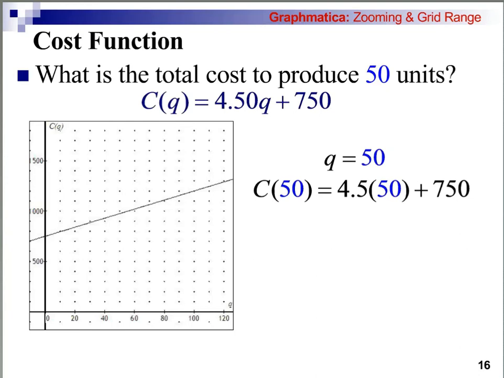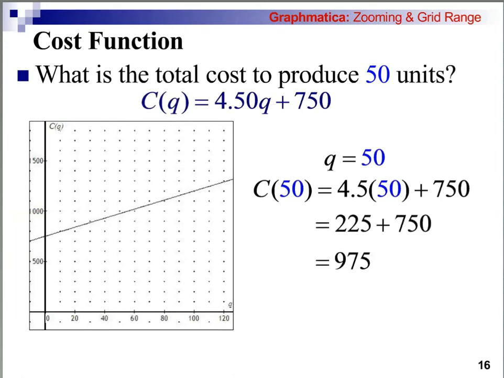On the left side here, we say C of 50, the cost at 50 units, is equal to 4.5 multiplied by the value of Q, which of course is 50, plus 750. So this is the value of the cost function at 50 units produced. And then the right side of the equation is simply computed using basic arithmetic.